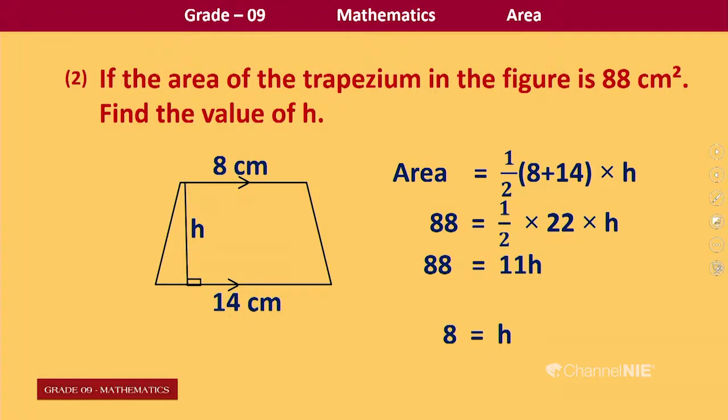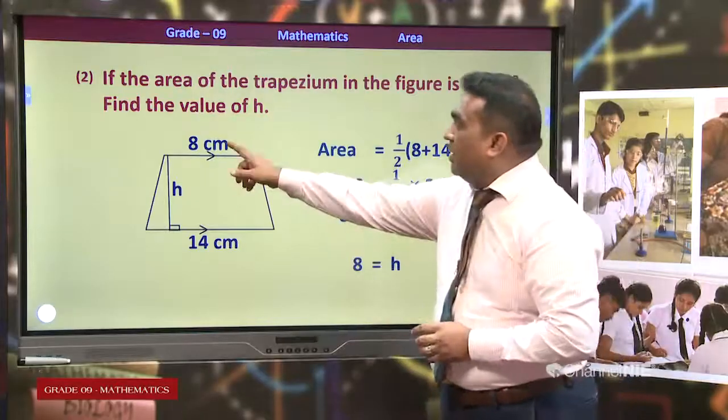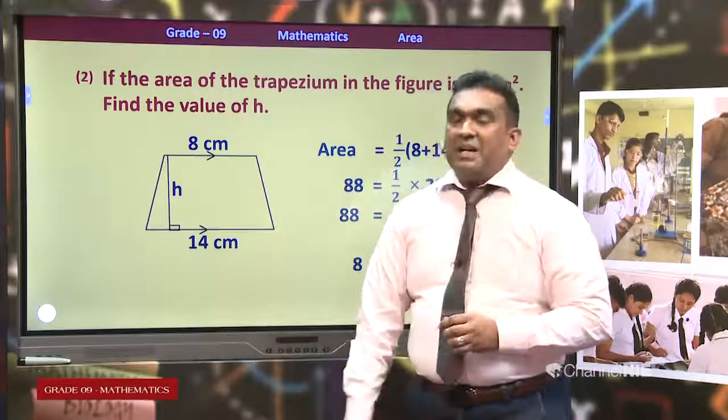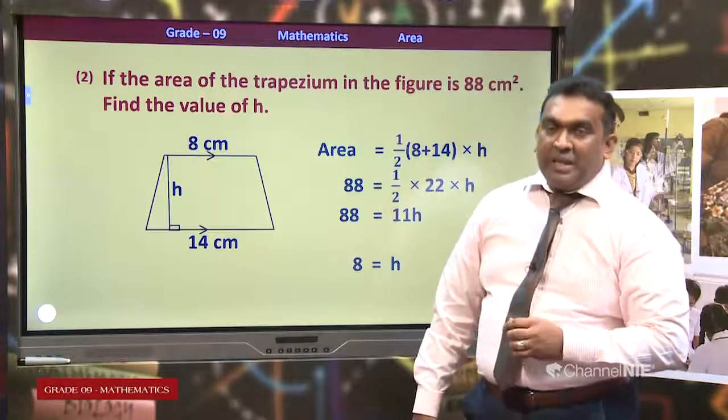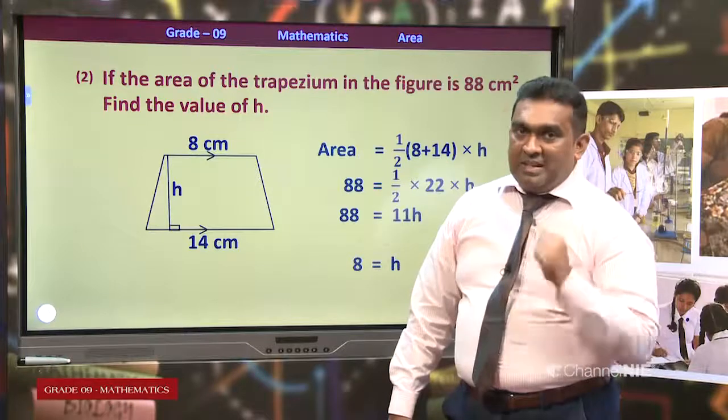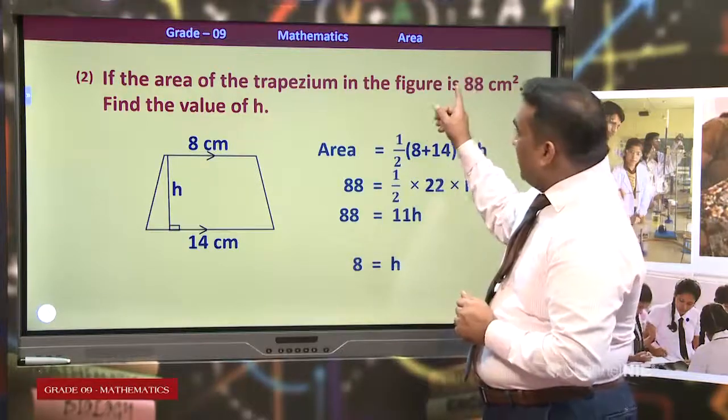To find the value of h, divide both sides by 11, h equals 8 centimeters. Therefore, the perpendicular height of this trapezium is 8 centimeters. Can you remember it? Yeah.